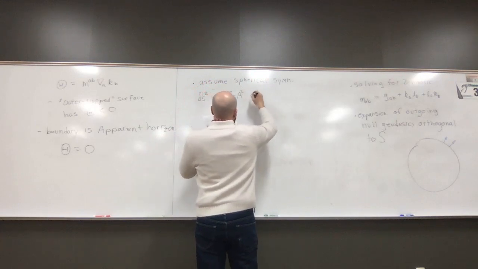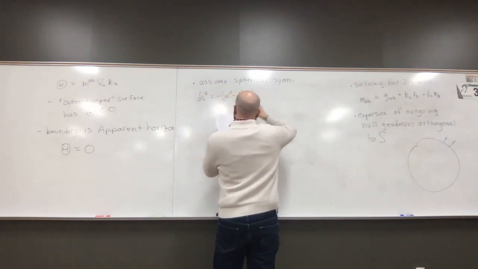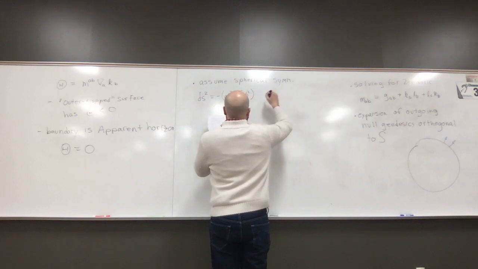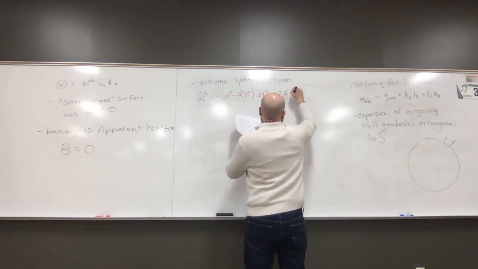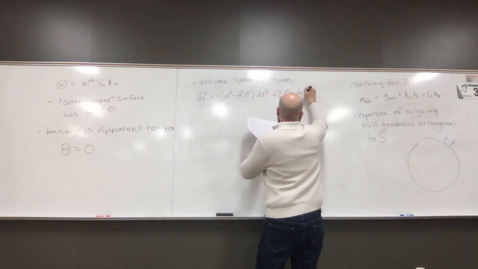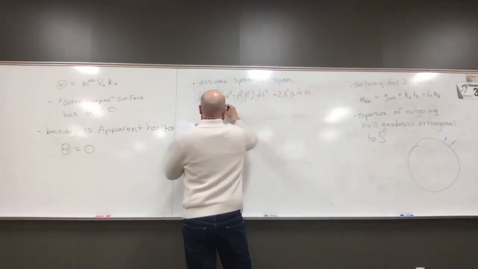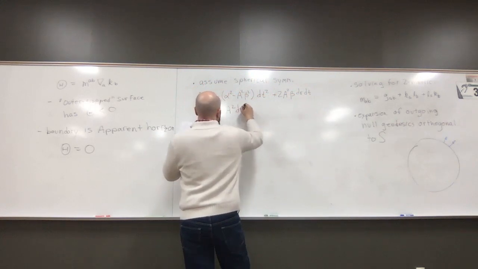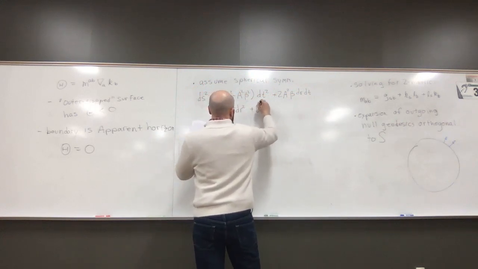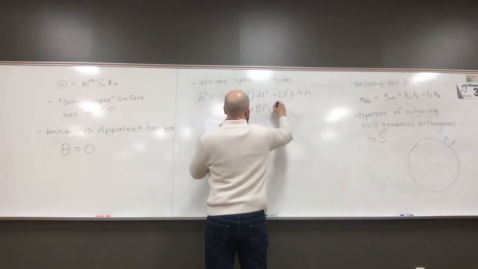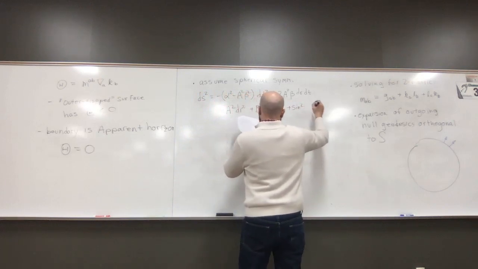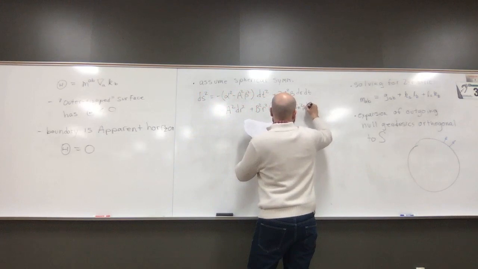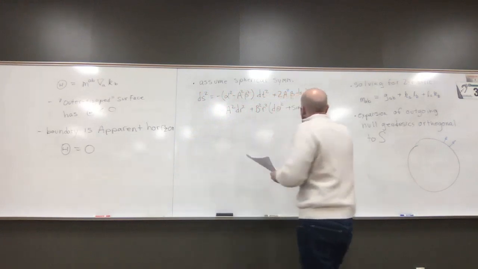Capital A squared, beta squared, and I'll explain why that's not a vector in a second, dt squared plus 2 A squared beta dr dt plus A squared dr squared plus B squared r squared times d theta squared plus sine squared theta d phi squared, of course.